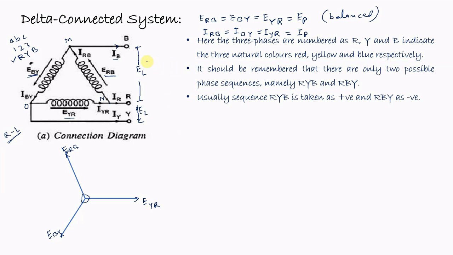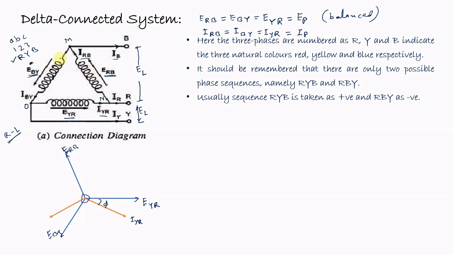That means the current in the coil M and N, where the EMF induced is ERB, the corresponding current IRB will lag the voltage by a particular angle. So this is the current IYR. This is the current that will lag the voltage EYR by an angle of phi. IYR will lag the voltage EYR by an angle of phi.